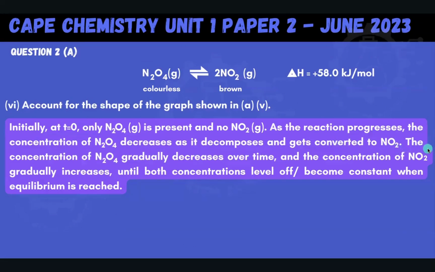The concentration of N2O4 gradually decreases over time, and the concentration of NO2 gradually increases until both concentrations finally level off or become constant when equilibrium is reached. And that's exactly what we showed on the previous question.